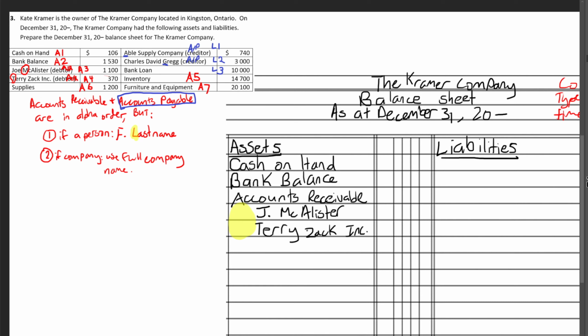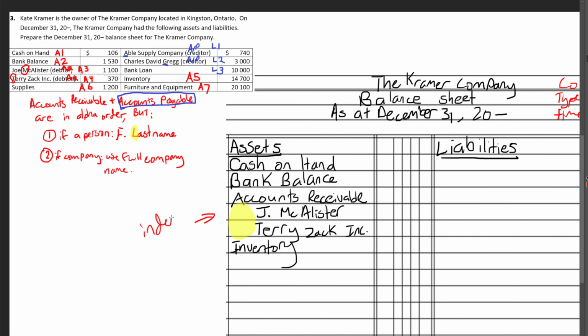I don't have any more accounts receivable accounts, so I'm going to go back to the left margin and keep it flush and write my next account, which is inventory. Please do not continue indenting. Some students, instead of writing it here, write it in line with the accounts receivable. That's incorrect. Accounts receivable is done. I now go back to being flush with the left. So I'll just make a note of that indent actually, in case you're not sure.